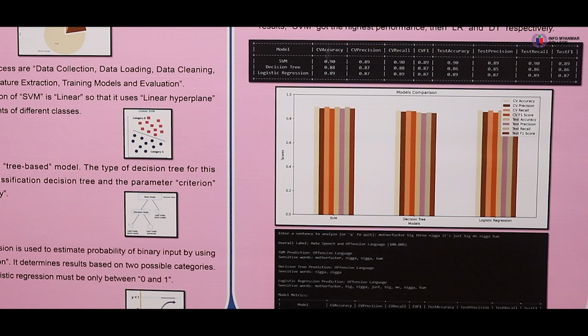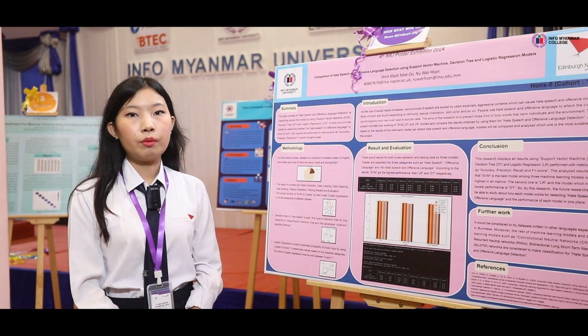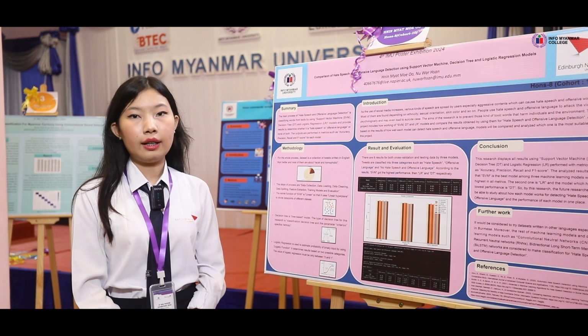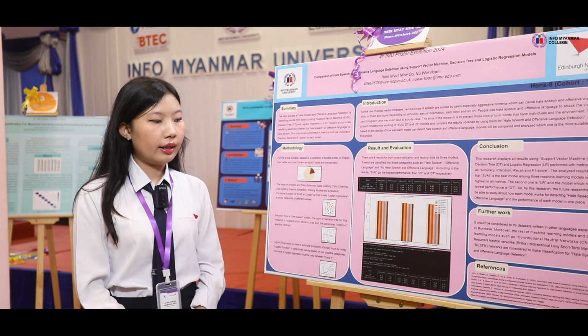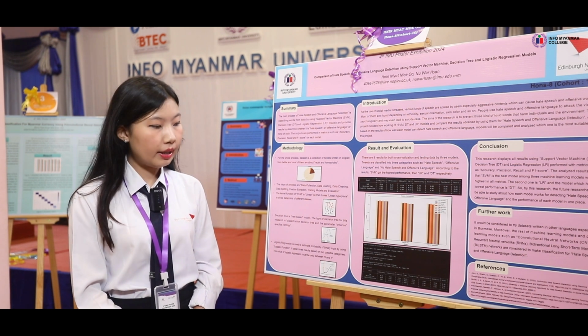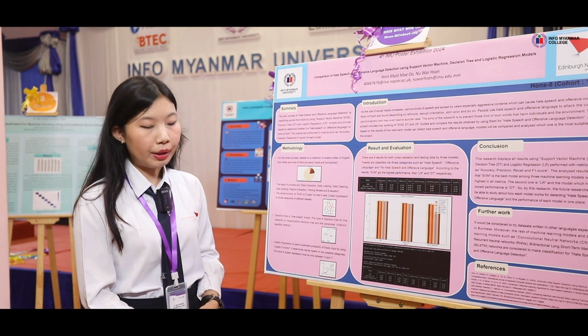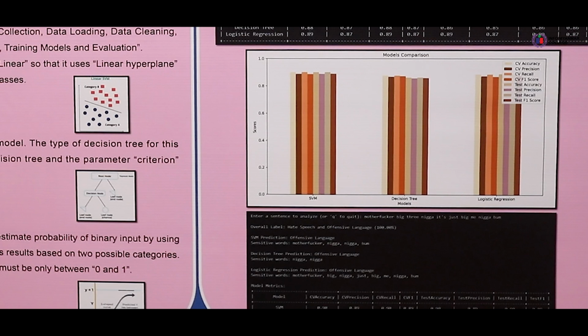For SVM, sensitive words are like that. So we can see that it really shows the words which should definitely be offensive language. So it can tell us it is a really good model, and it really has good performance. And for the decision tree, it only shows one word, which is really offensive language, but no others are included.